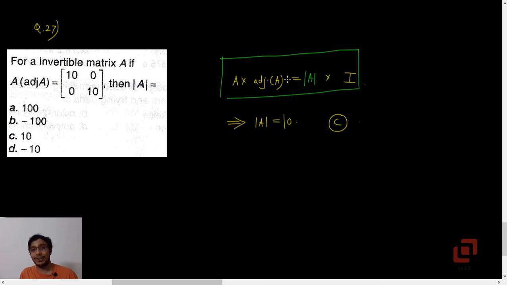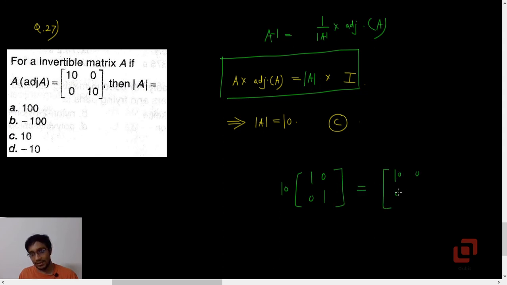Okay, recall that adjoint of adjoint is, there we have used this. It comes from the fact that A inverse is 1 upon determinant of A into adjoint A. Okay, so the determinant of A goes there. And when you multiply any matrix by a scalar, you multiply each and every element of the matrix, right? So it's 10 into I or 10 0 0 10.